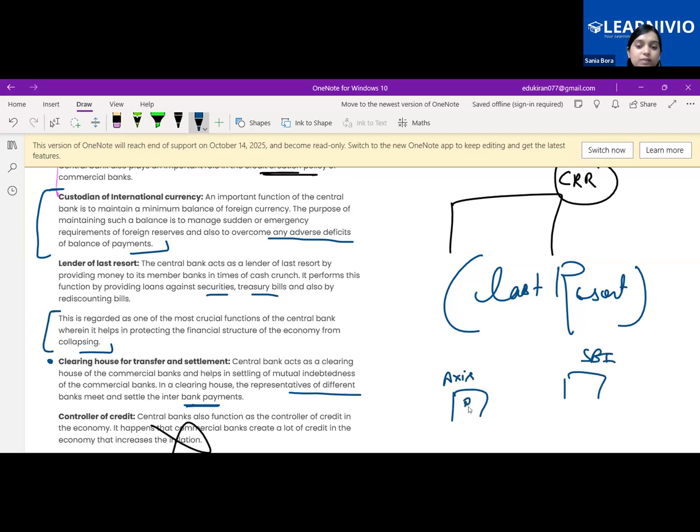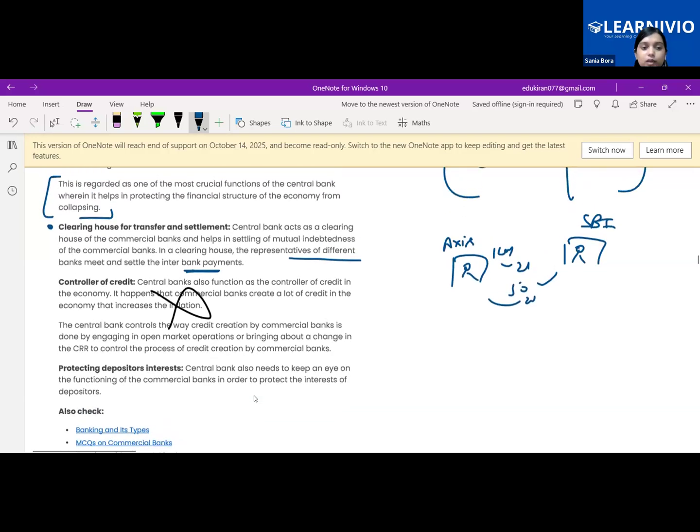Your account is in Axis Bank and my bank account is in SBI. I gave you 1 lakh rupees, you gave me 2 lakh rupees, then I gave you 50,000, you gave me 20,000. All these transactions are there, right? So let's say there's a clash, that I gave you more money, you gave me, both the banks are fighting. So who will settle it? The clearing house is the central bank, right? And they settle all the interbank payments.